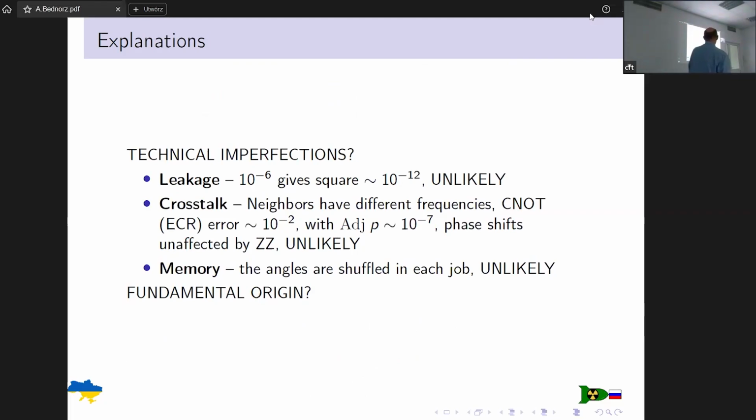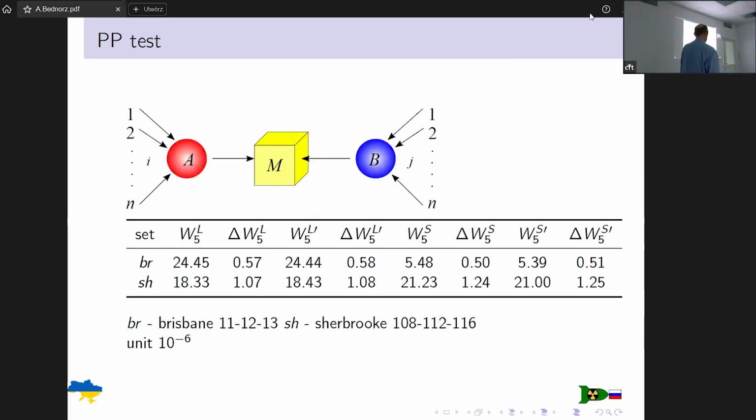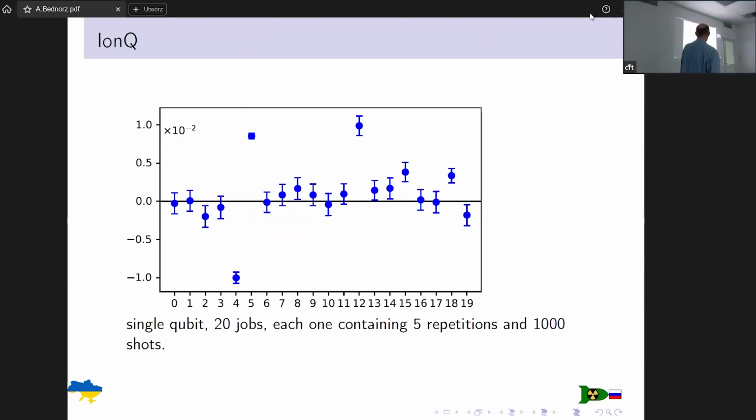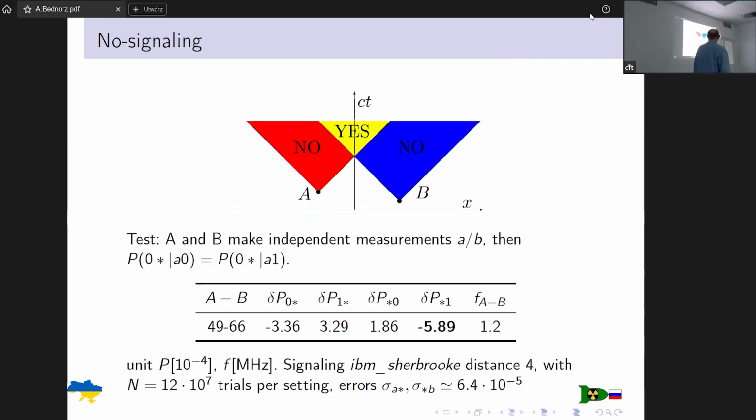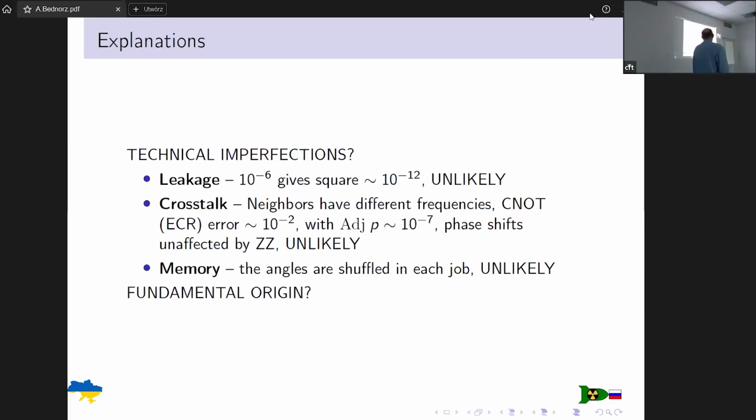So memory, we try to shuffle angles, except as I said, IonQ. Here we couldn't shuffle, but we cannot repeat it. So here is a big question. Okay. Maybe there is some fundamental origin.